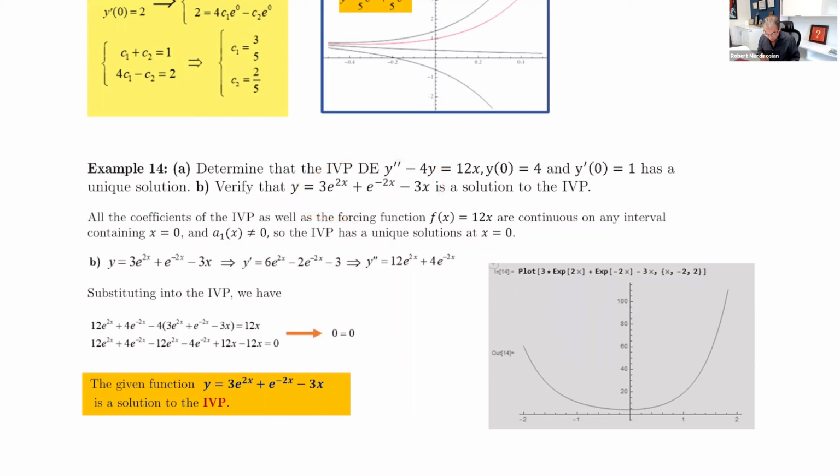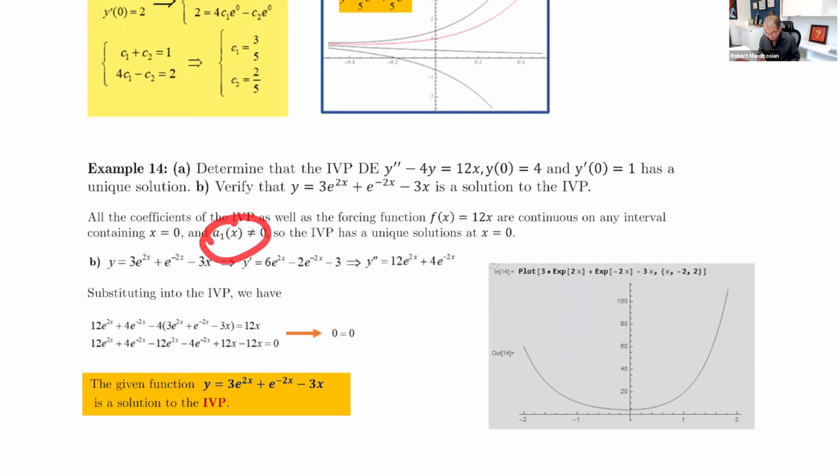So all the coefficients of the initial value problem, as well as the forcing function 12x, are continuous. That's the first thing we check. Remember the existence and uniqueness theorem, containing x equals 0.